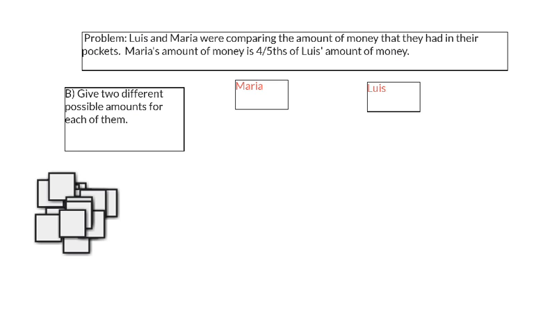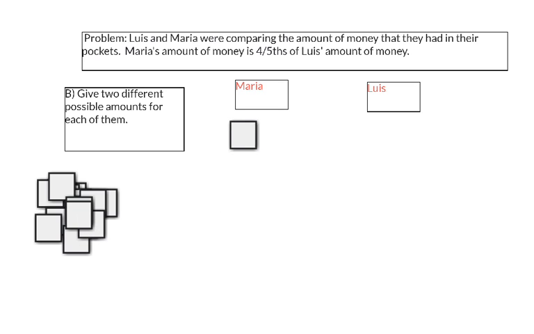Okay, so we have the same problem, and again, we don't have a definite amount of money that each of them has. We don't have how much there is altogether. We just want to know a couple of different solutions for this.